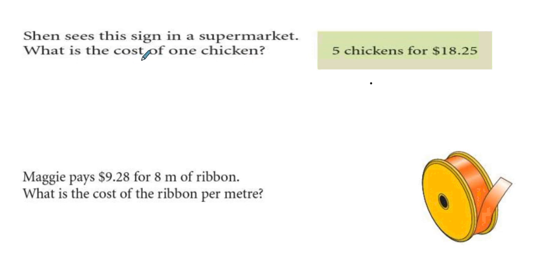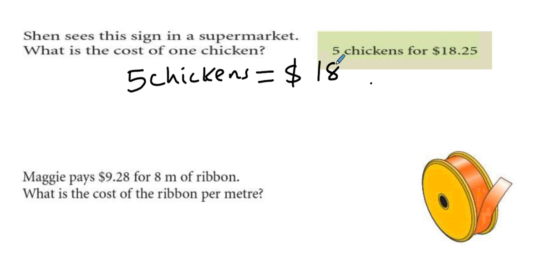Okay, what is that sign? The sign says 5 chickens for $18.25. Okay, 5 chickens equals 18.25. Now the question is, what is the cost for one chicken?